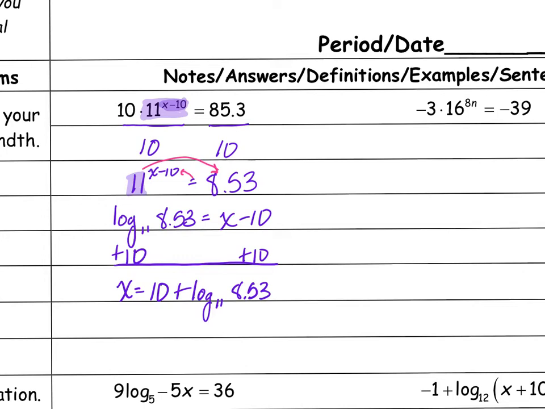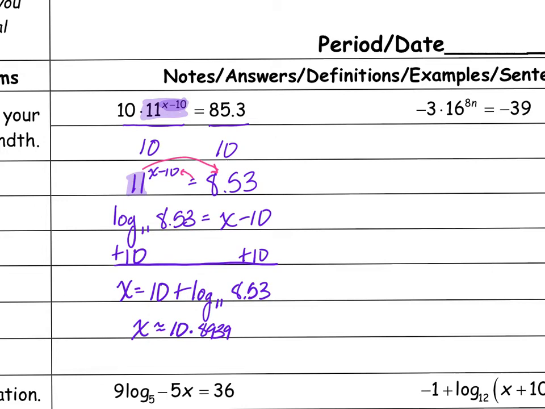If I'm in Desmos, I go to functions and miscellaneous, and then they have a log base A, and then I'm going to say 11, log base 11 of 8.53, plus 10, and my answer is x is approximately equal to 10.8939. So there's my answer.